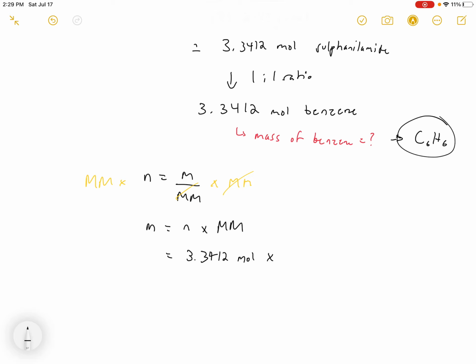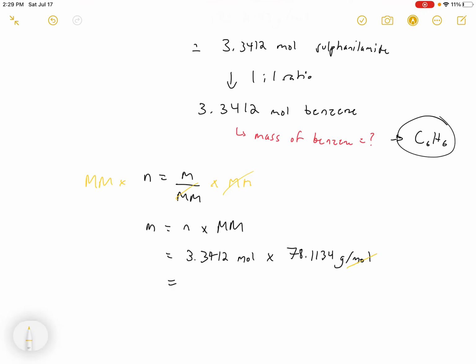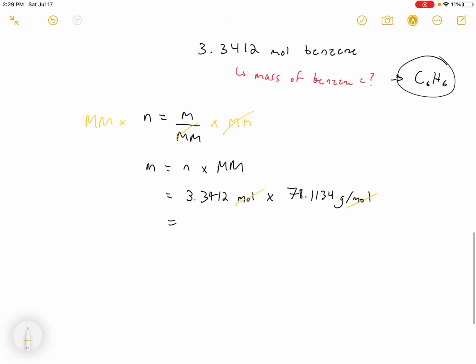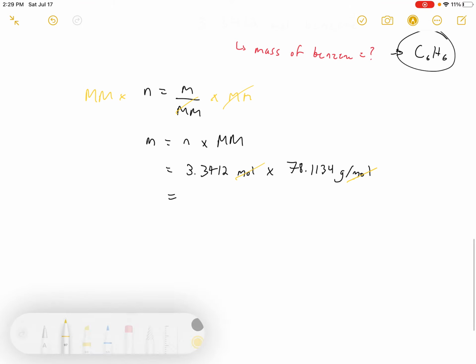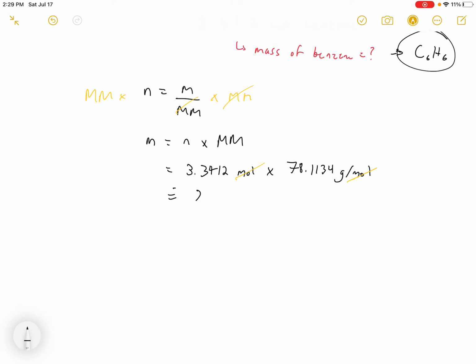The molar mass of benzene is 78.1134 grams per mole. And then you type that into your calculator, and right here I'm just canceling out the units of moles to make it clear that we're going to end up with final units in grams, because grams is a unit of mass. So then our final answer is going to be about 260 grams.